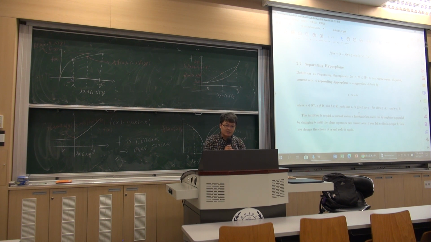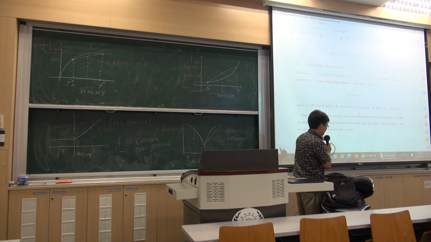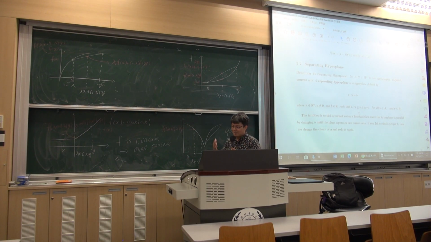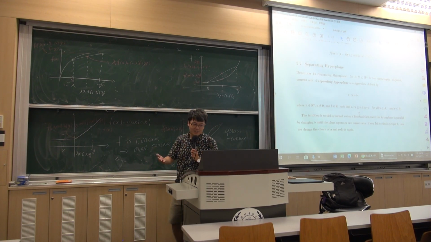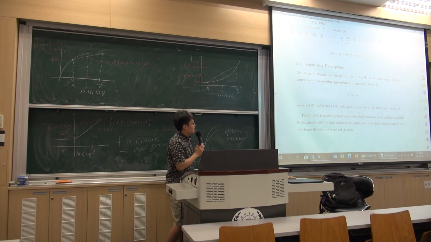Okay, so the definition is that we now have two sets. They are non-empty, disjoint, and convex. And a separating hyperplane is, as it shows, a plane you construct to separate these two sets.